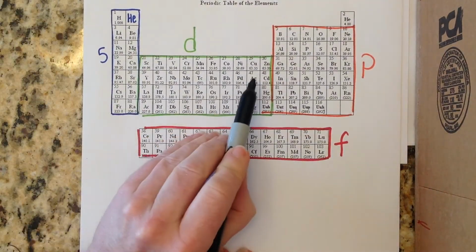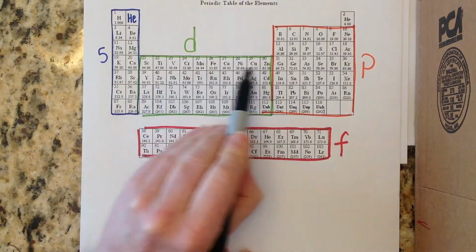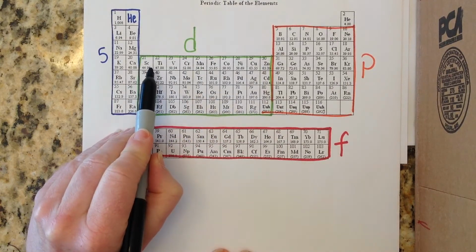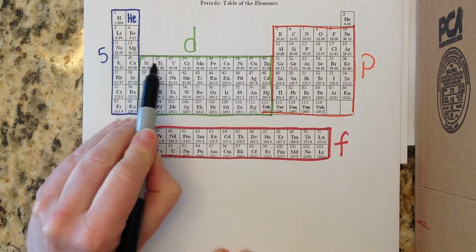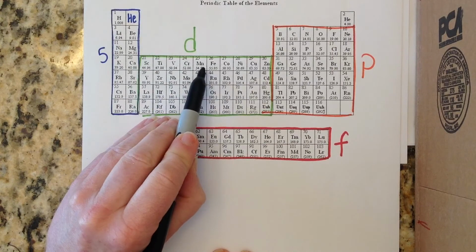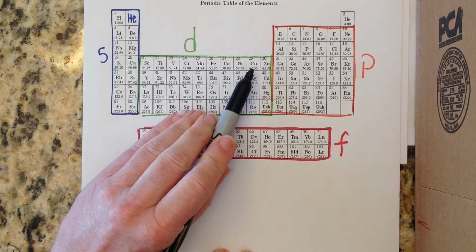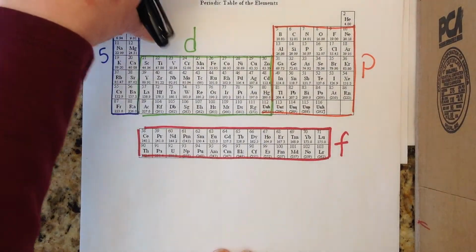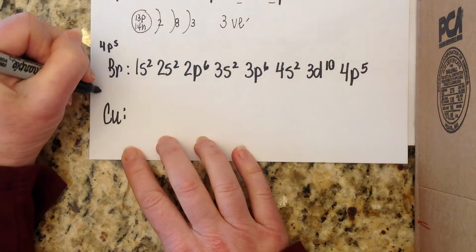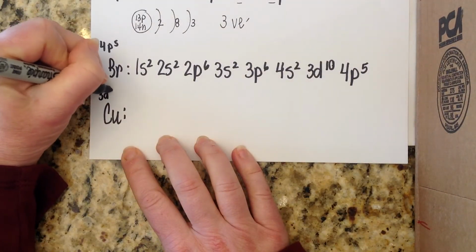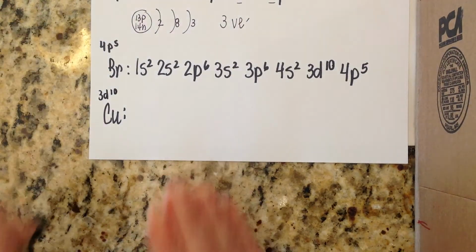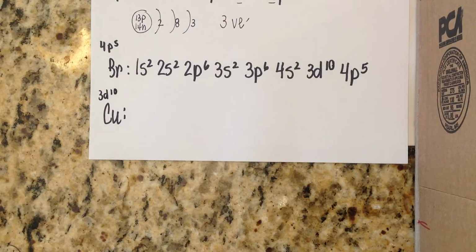So copper is located in the D block right here. That looks like row 4, but I know it's actually row 3, and it's 1, 2, 3, 4, 5, 6, 7, 8, 9th one over. So it's 3d9. And we're just doing the parent element of copper, meaning I'm not giving you copper plus 2 plus 1, anything like that.